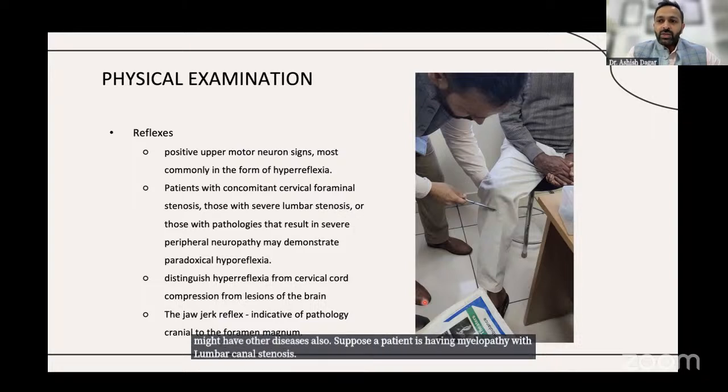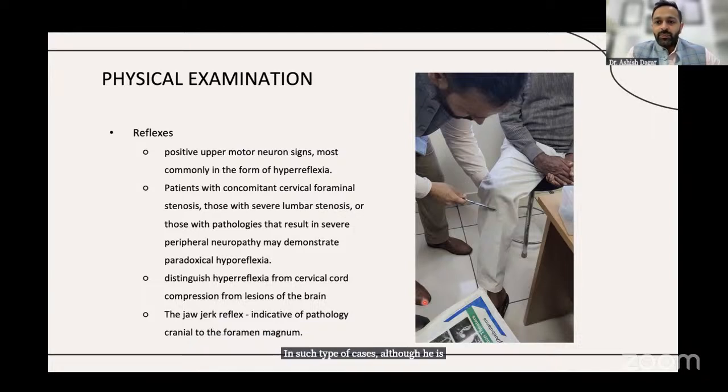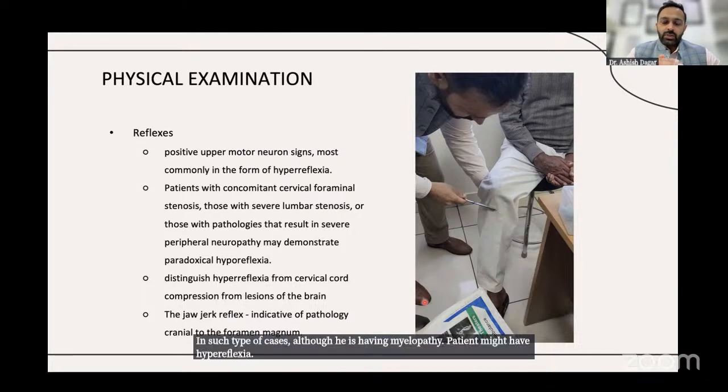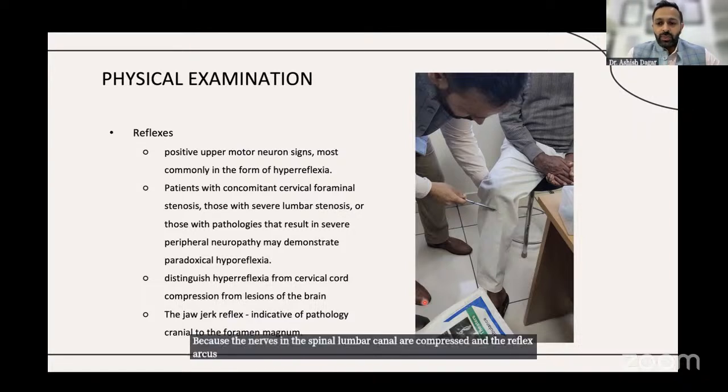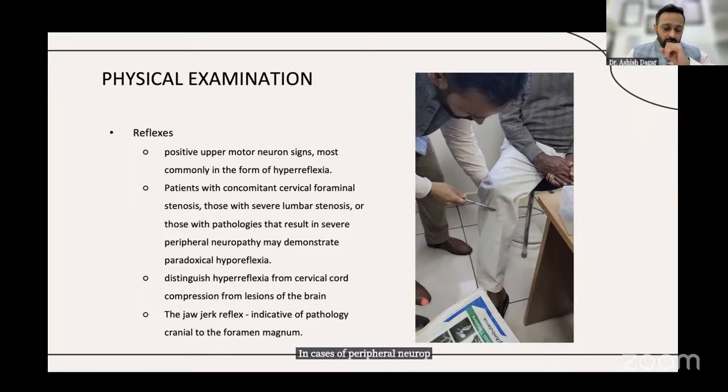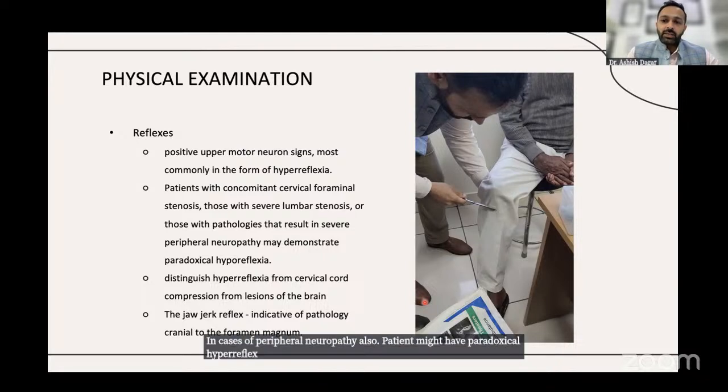In such cases, although he is having myelopathy, the patient might have hyporeflexia because the nerves in the lumbar canal are compressed and the reflex arc is not complete, so the patient might have paradoxical hyporeflexia. In cases of peripheral neuropathy also, the patient might have paradoxical hyporeflexia, but in a classic case, usually reflexes are quite brisk.